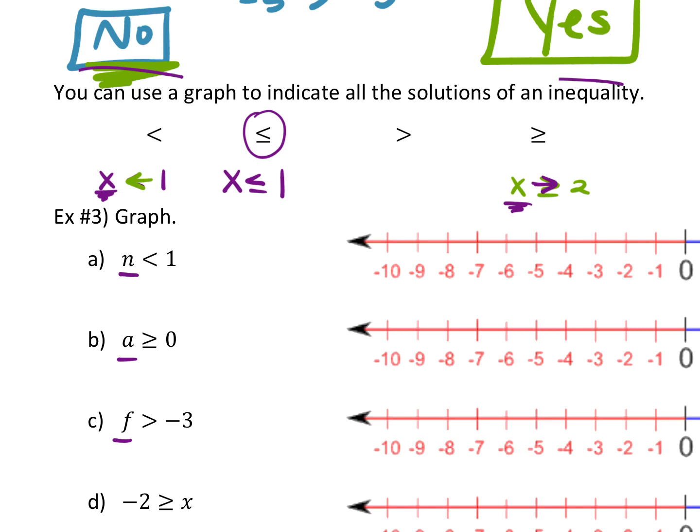So if it is a solution, you use a closed dot. So for these two, you'll use a closed dot. Whereas if I said x is greater than 3, is 3 a solution? No. So you're going to use an open dot to say we're starting here, but don't count that one. Okay, so this is going to be open, and this is going to be open.